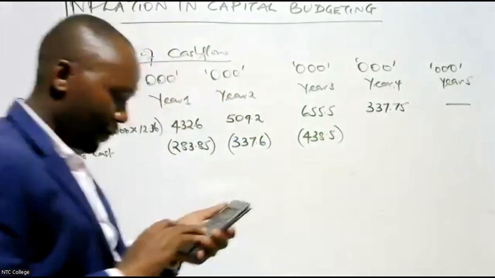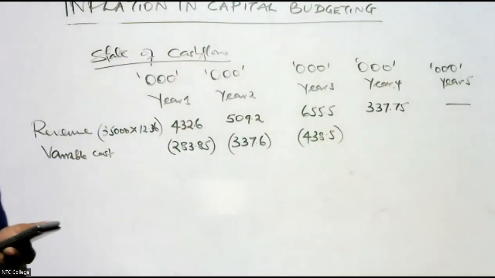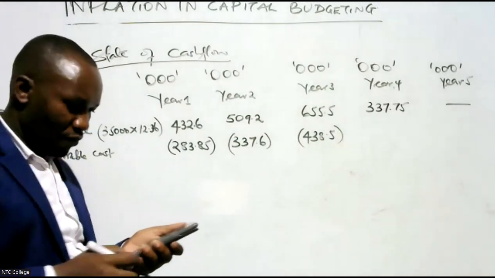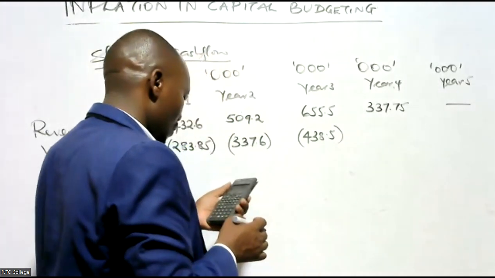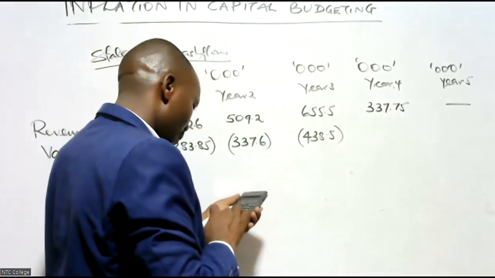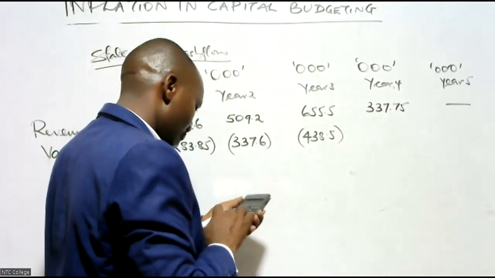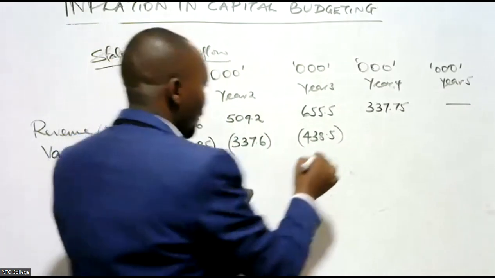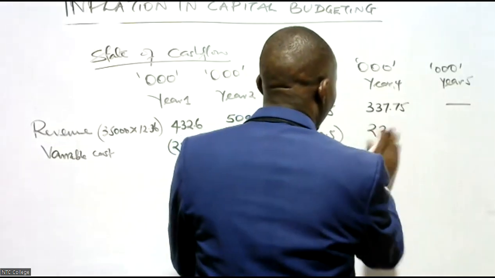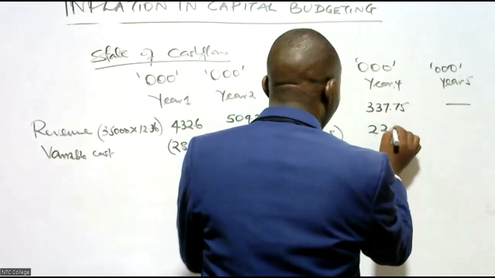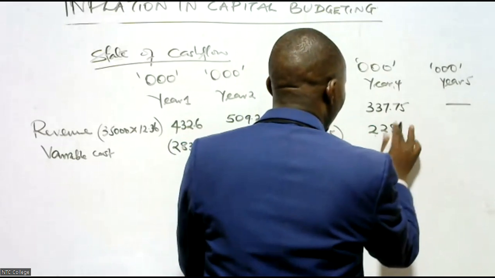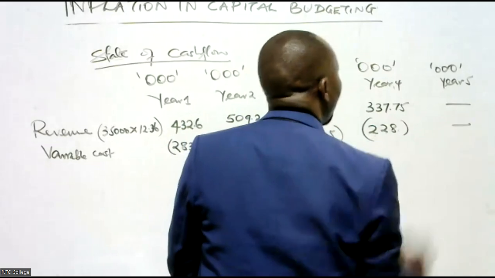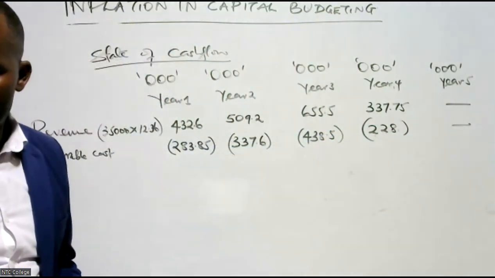We have 25,000 times 9.12. Are we clear up there?